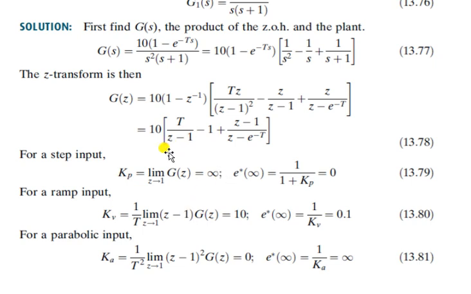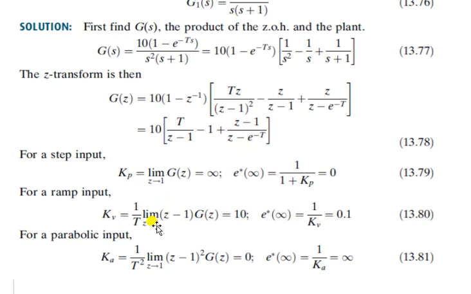If you multiply z minus 1 with this term, and take the LCM for this small part, it will be (T minus z minus 1) divided by z minus 1, and this part you can keep as it is.